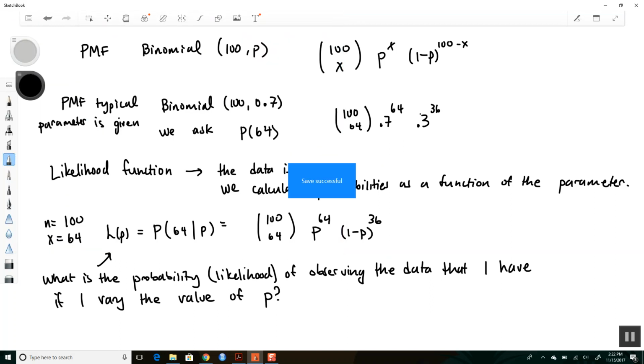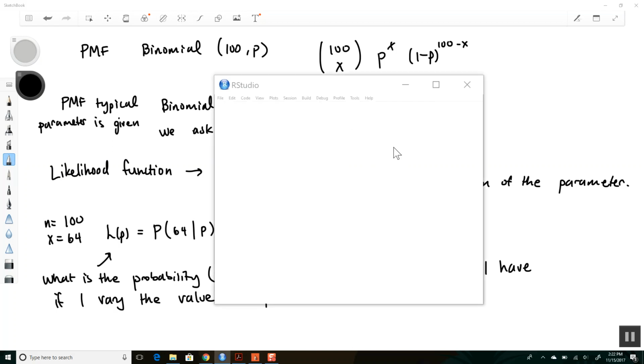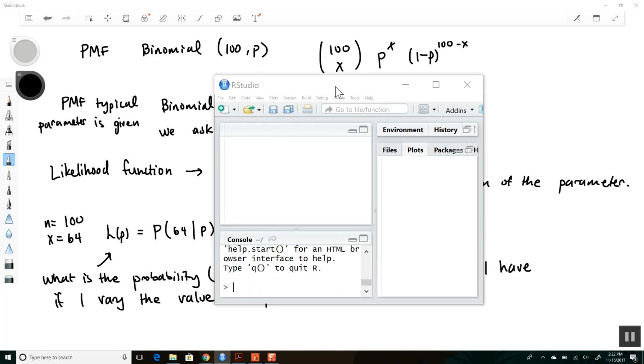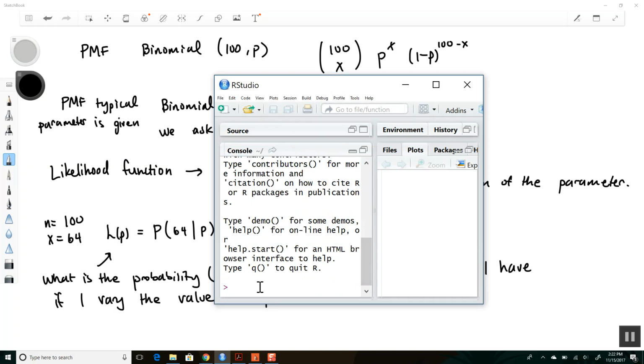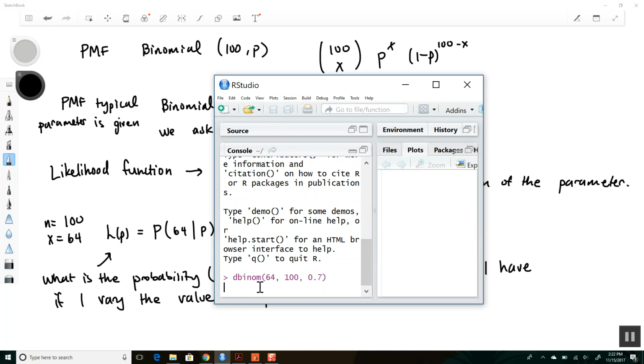In that case, I can calculate the probability of getting my data if I use p equal to 0.7. Let me just cheat and use dbinom with 100 trials: what's the probability of getting 64 if my probability is 0.7?